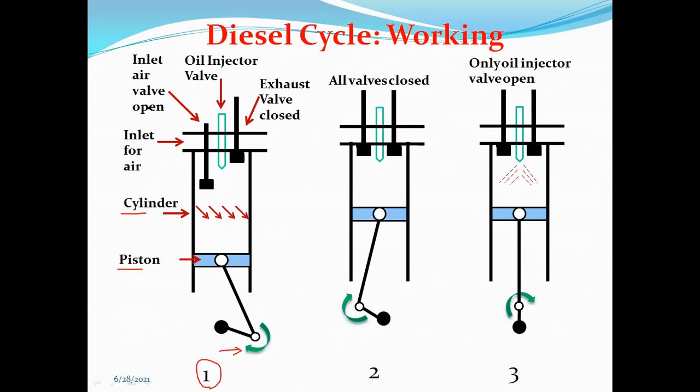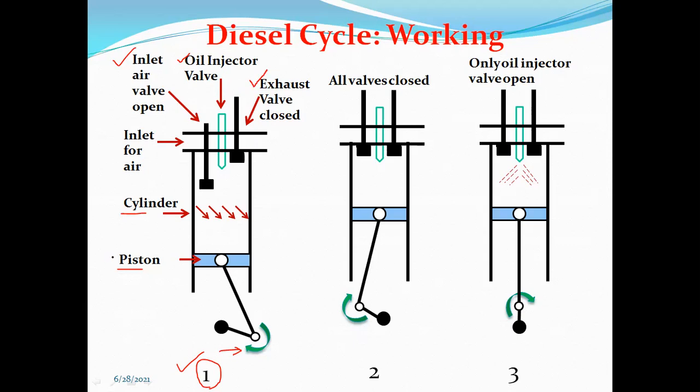In the first stage of this cycle, the inlet valve, which is for air, opens. At the center of the cylinder, we can see the oil injector valve. After that, on the right-hand side of the cylinder, we can see the exhaust valve, which is closed.